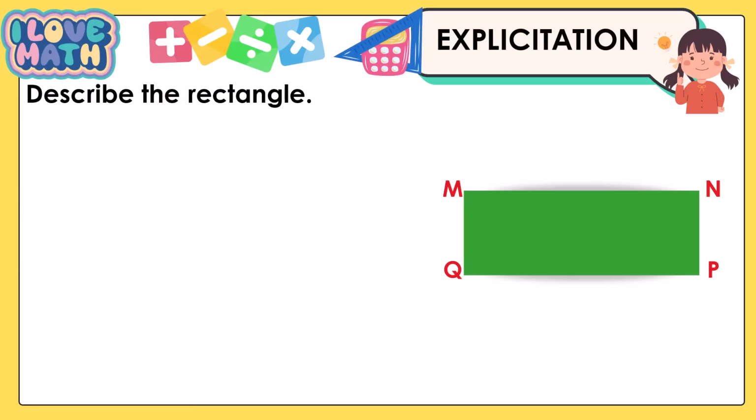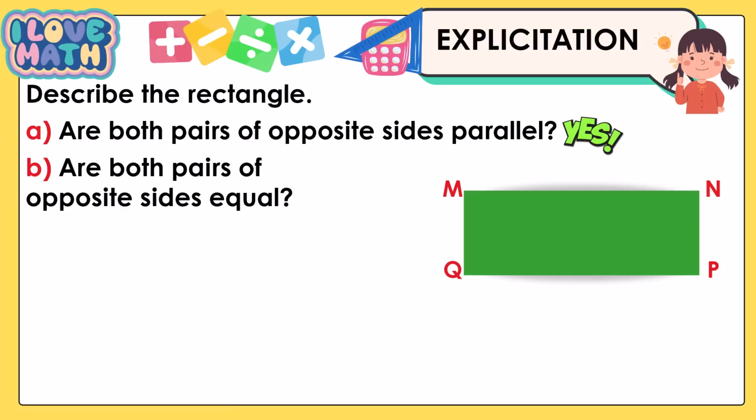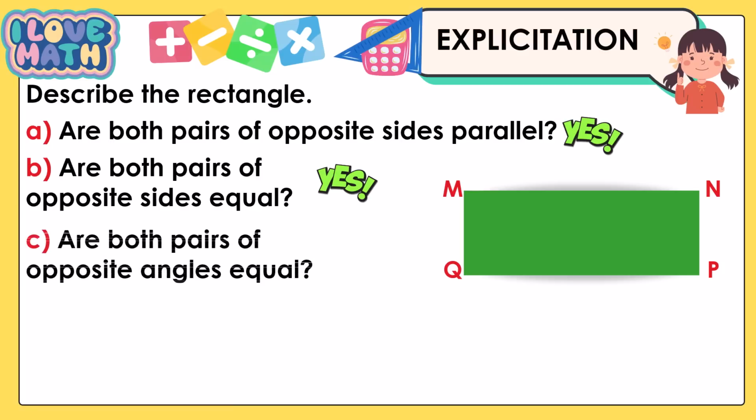Describe the rectangle. A. Are both pairs of opposite sides parallel? The answer is yes. B. Are both pairs of opposite sides equal? The answer is yes. C. Are both pairs of opposite angles equal?